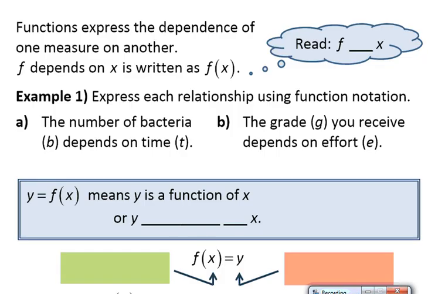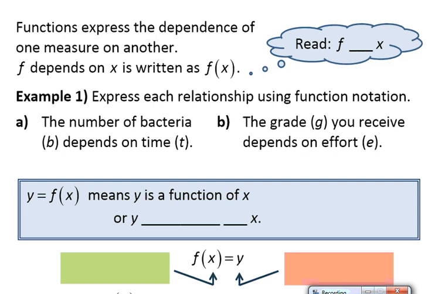So again, we want to say that functions express the dependence, there's that word depend again, of one measure on another. It depends what we put into our machine that is going to go through the rule and an answer is going to come out. If we put something different in, a different answer is going to come out.